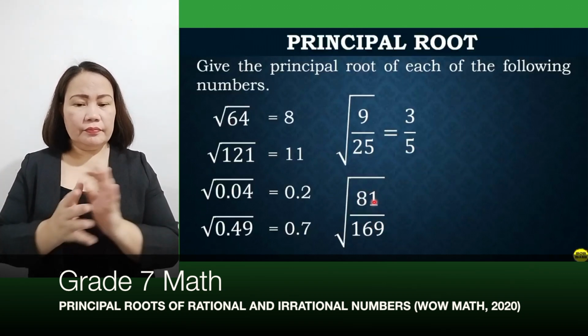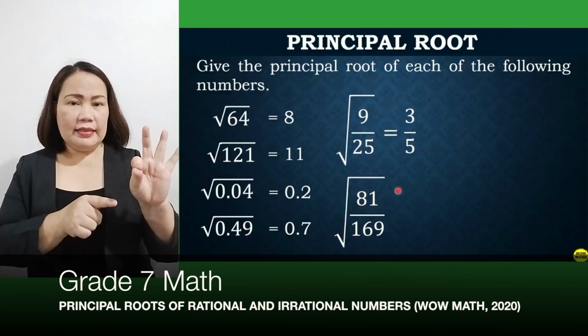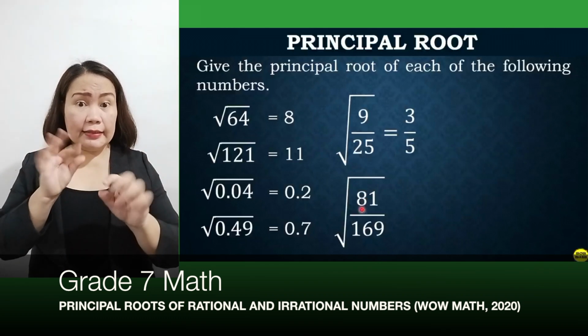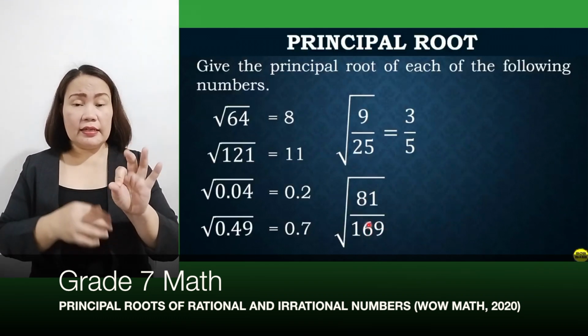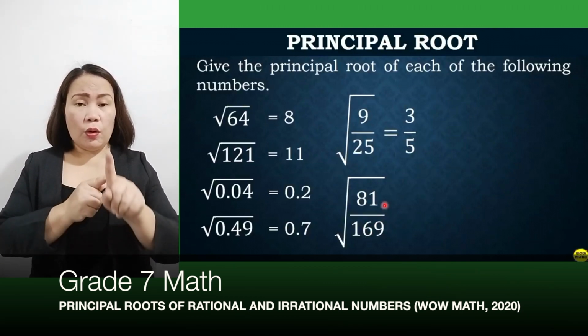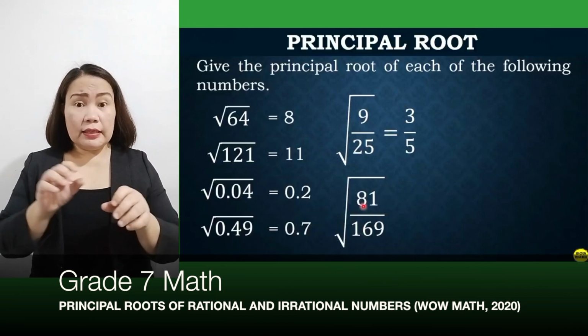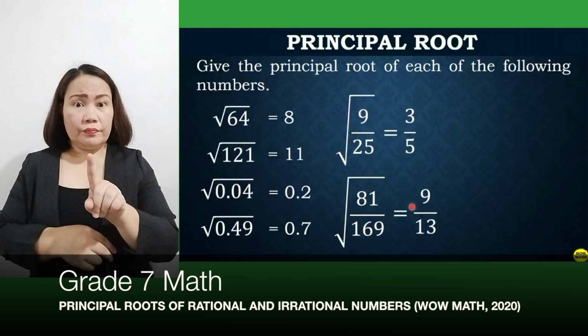So, square root of 81. Itong 81 is a perfect square, and that is 9 because 9 times 9 is 81. And then 169, this is also a perfect square. So, this is 13. So, this is 9, this is 13. So, the square root of 81 over 169 is 9 over 13.